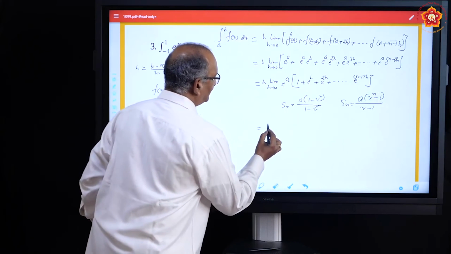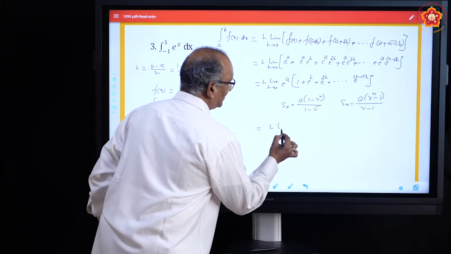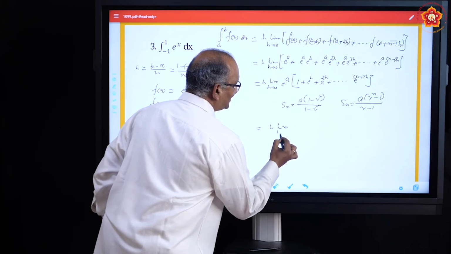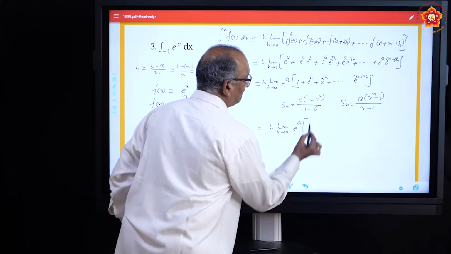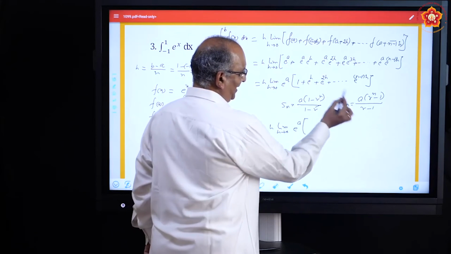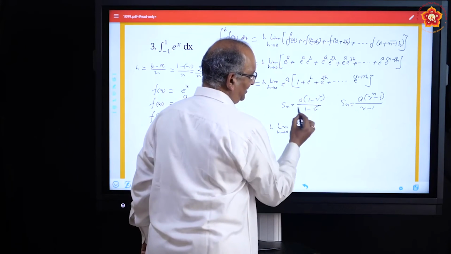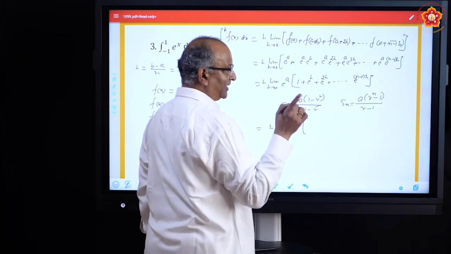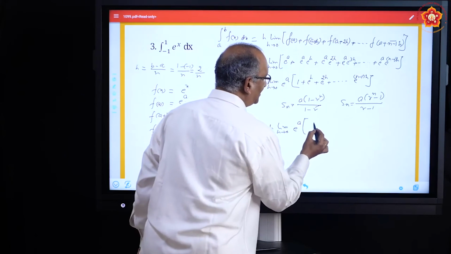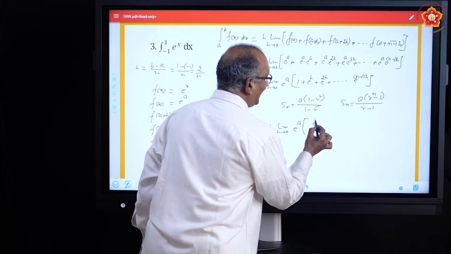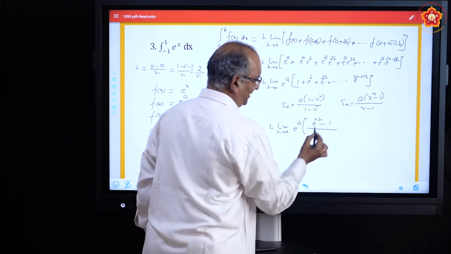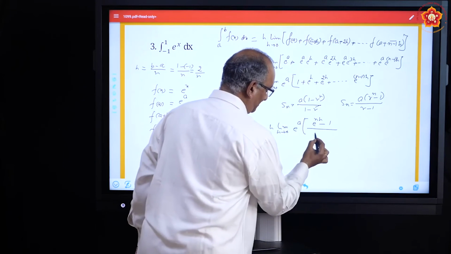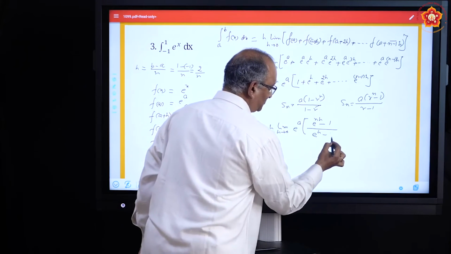So you will have limit h tends to 0, e to the power a. Use that formula. a stands for the first term, that is 1. r stands for the common ratio, that is e to the power h. So it will become (e to the power nh minus 1) by (r minus 1), where r is e to the power h, so e to the power h minus 1.